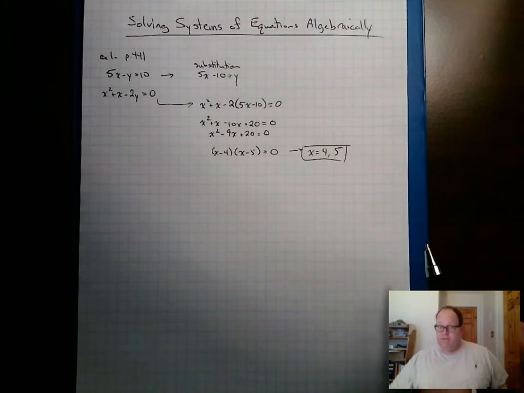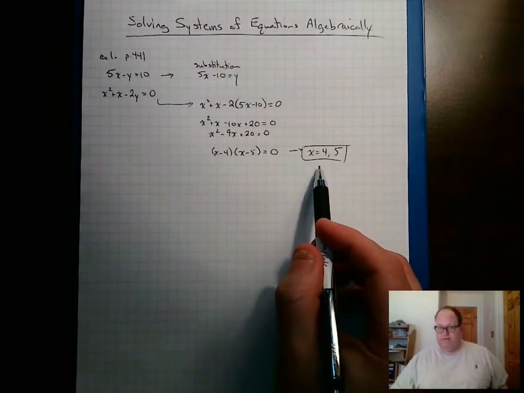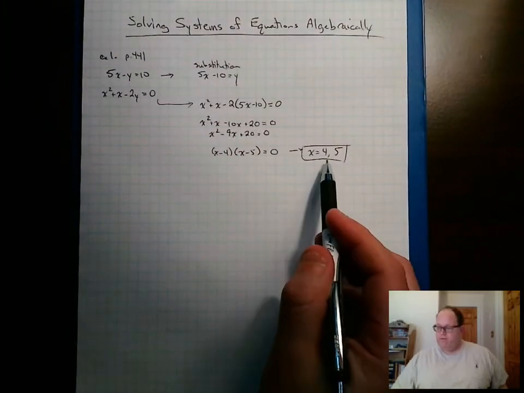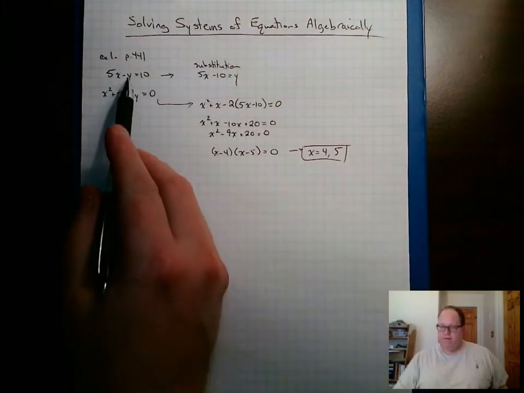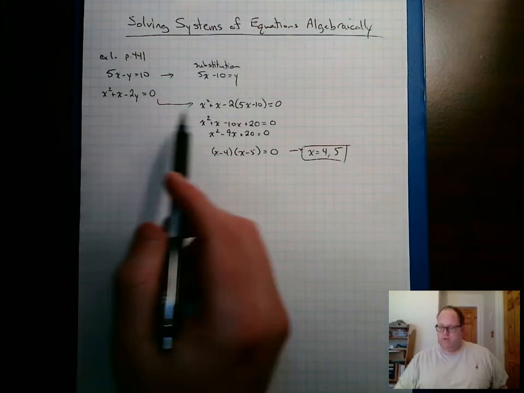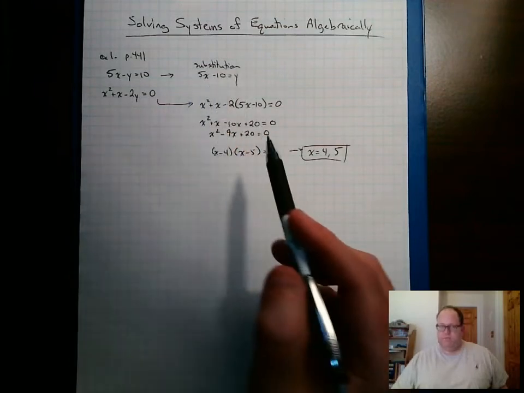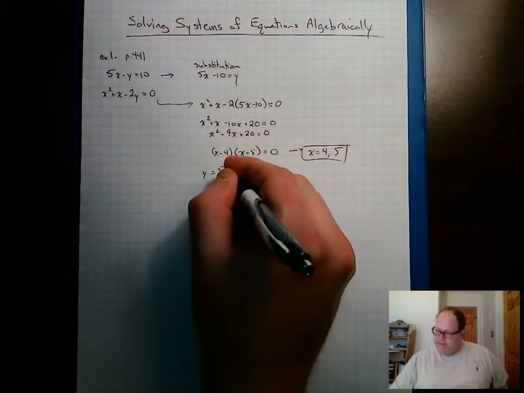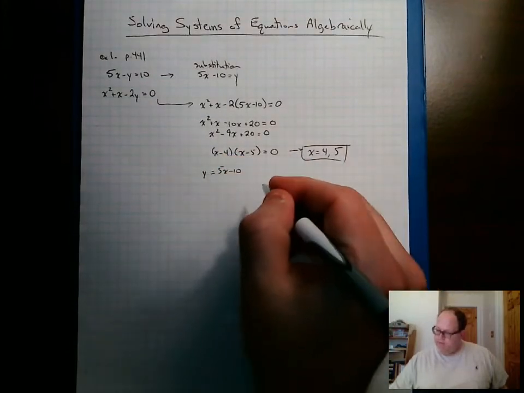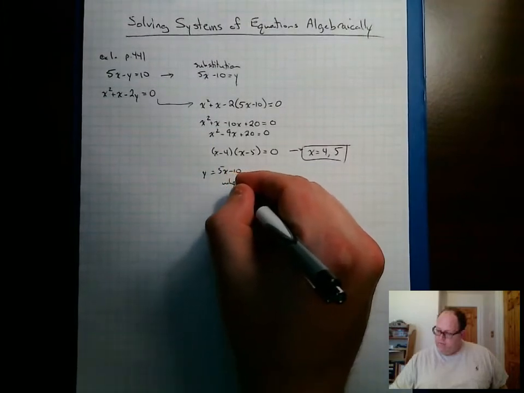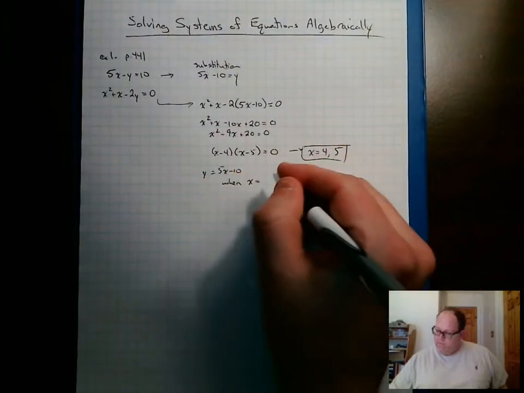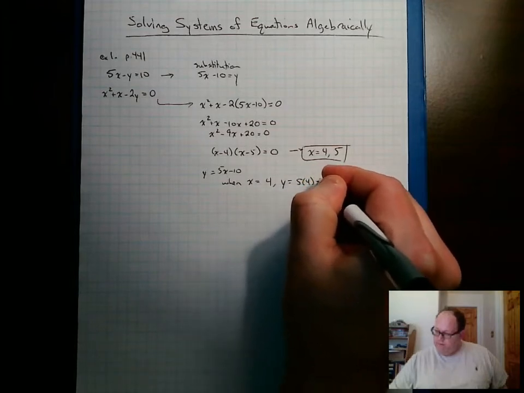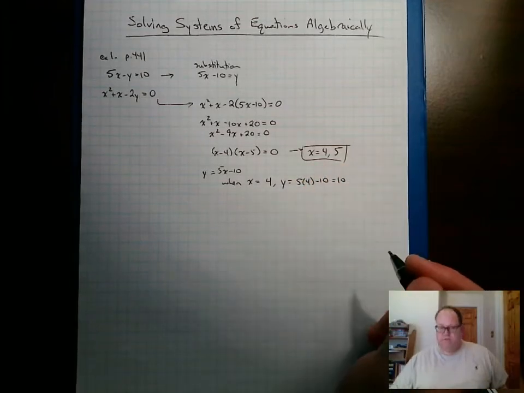Now, to completely solve this, I don't just find values for x, but I also need to find values for y. I can use these x values in either of the two equations that I have at first. I'm probably going to go with this one, since it's the simplest one I've got. So if y equals 5x minus 10, then when x equals 4, y is going to equal 5 times 4 minus 10, which works out to be 10.